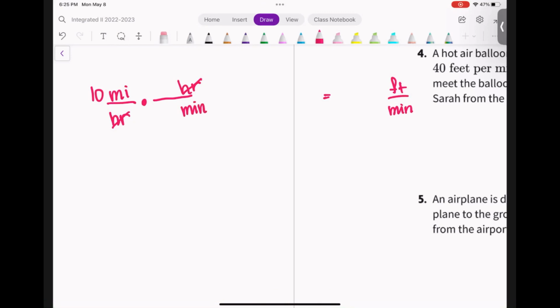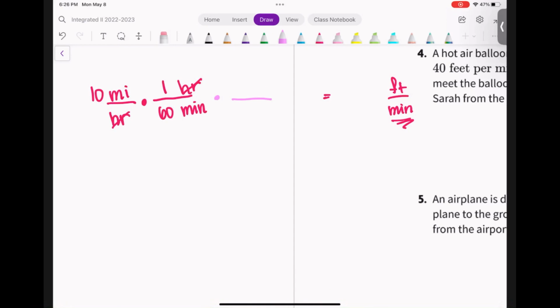And then I want to convert it to minutes, so I'm going to put minutes on the bottom. And then I ask myself how many minutes are in an hour, and I put 60 minutes in 1 hour. So now I already have my minutes in my answer. The next thing I'm going to do is get rid of my miles and get it to feet.